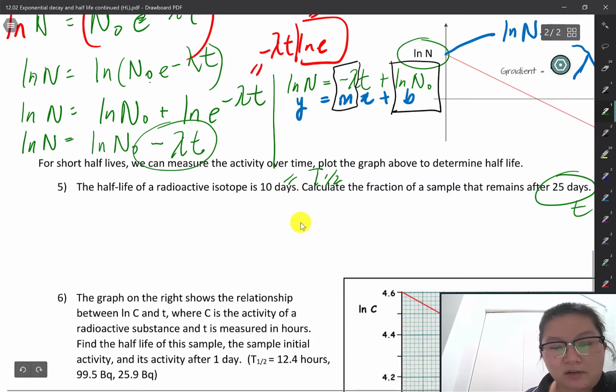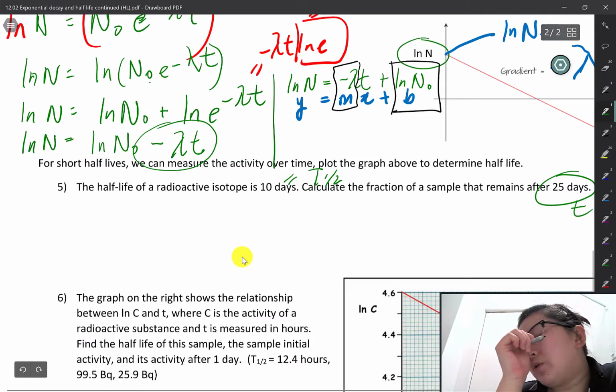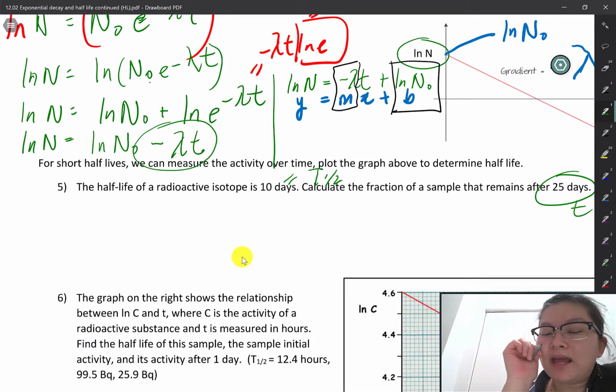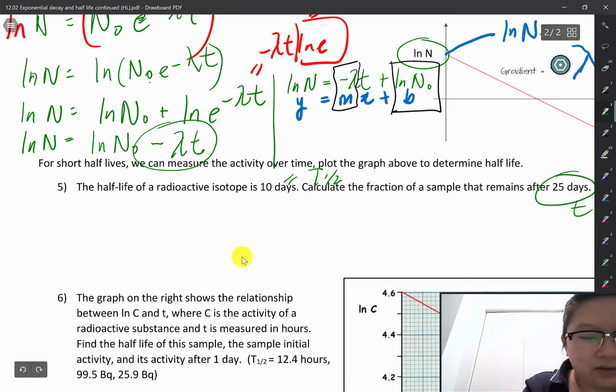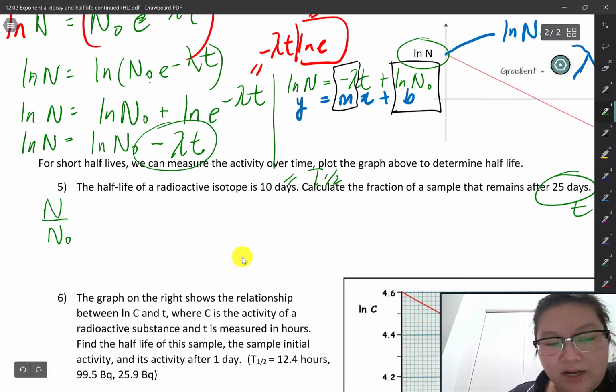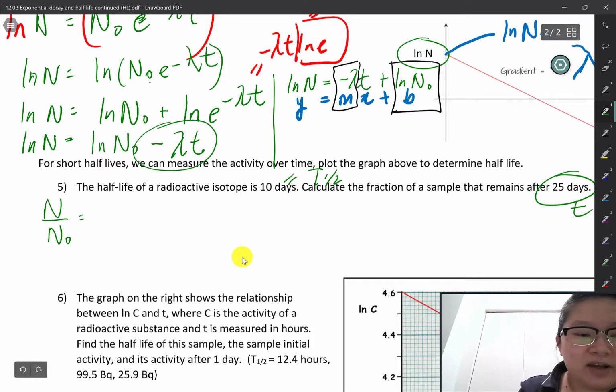All right, so assuming that, what we can do is let's just take the original equation from your data table and use that to figure out the decay constant. Okay, so first of all, we know that for a half-life, the ratio of N to N naught is going to be a half.